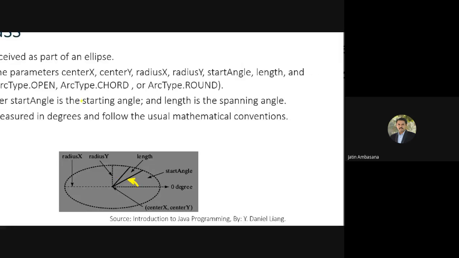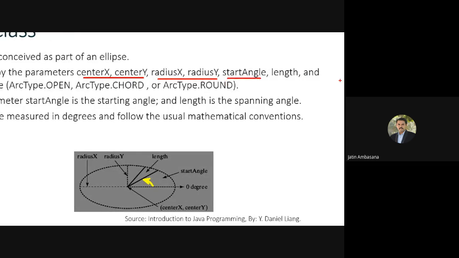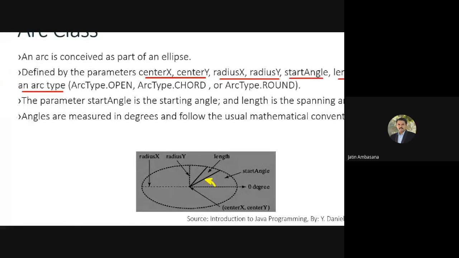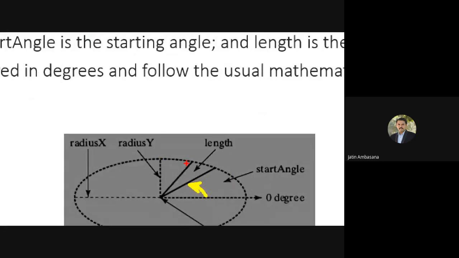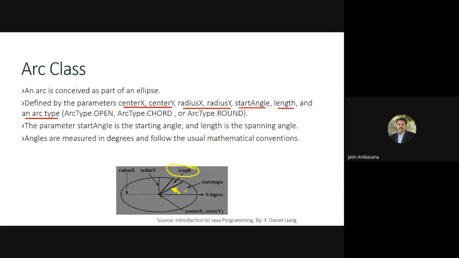So we have center X, center Y, radius X, radius Y, start angle, and then the length and arc type. The length is this part. It is specified with the help of length, how much the arc needs to be taken ahead.